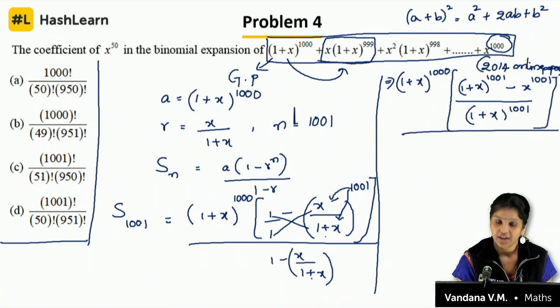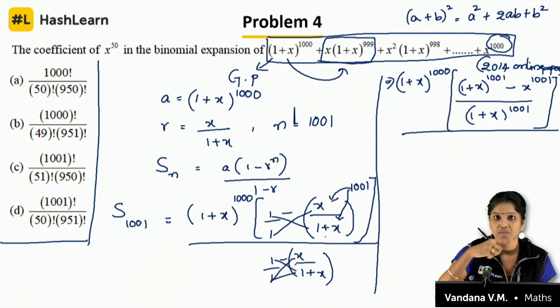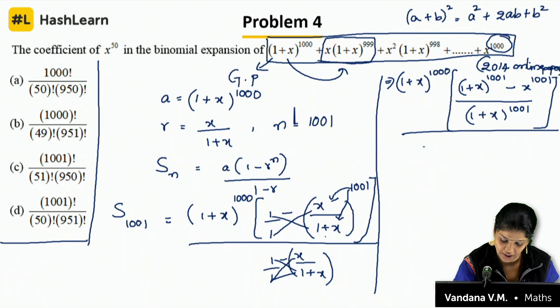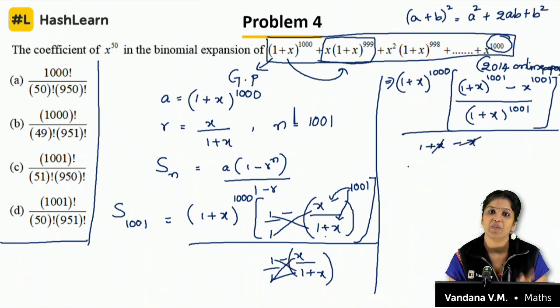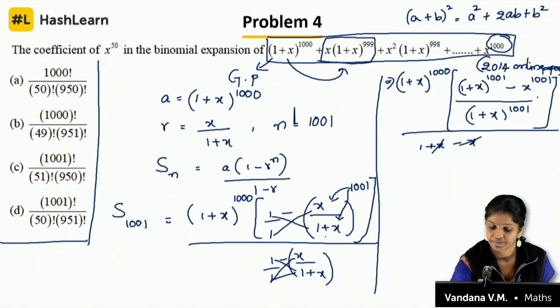Here, children, take out the LCM in the same way, cross multiplication. If you cross multiply, 1 plus x minus x, in the denominator I will get only 1, so I can leave that. Now, see, you expand.